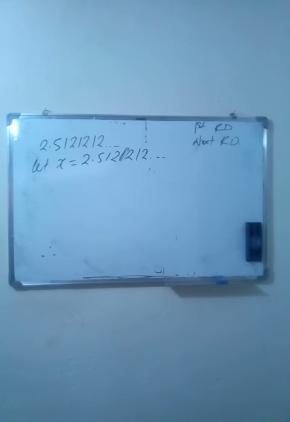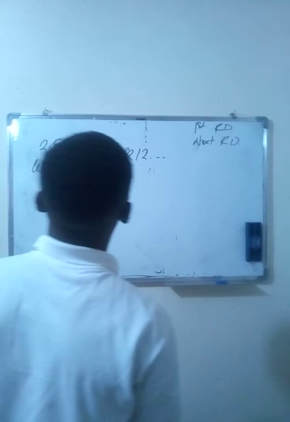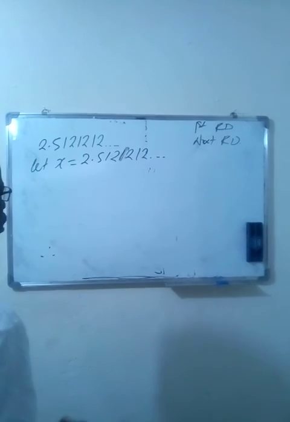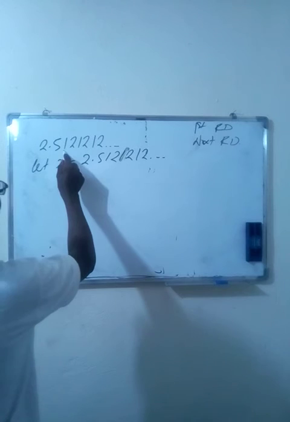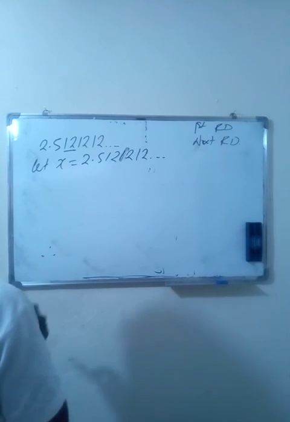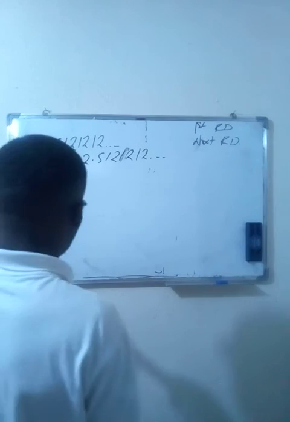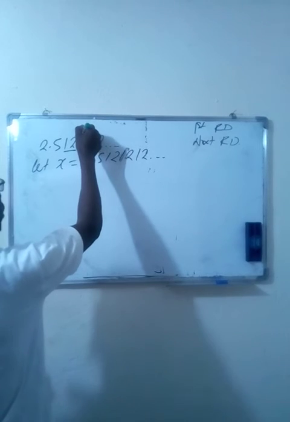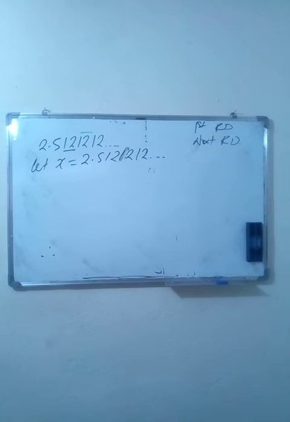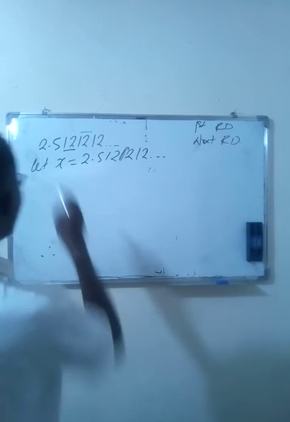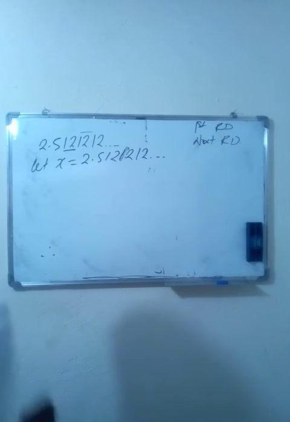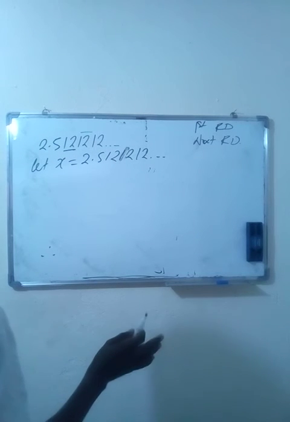Okay, so one says it's at the first repeating decimal, another one says it's at the next repeating decimal. Now, in this case, we should notice that the first repeating decimal is the first 1, 2 there, and the next repeating decimal is the next 1, 2 here. So you can obviously see that it's neither at the first repeating decimal nor the next one. It's at 5, and 5 is not repeating, isn't it?